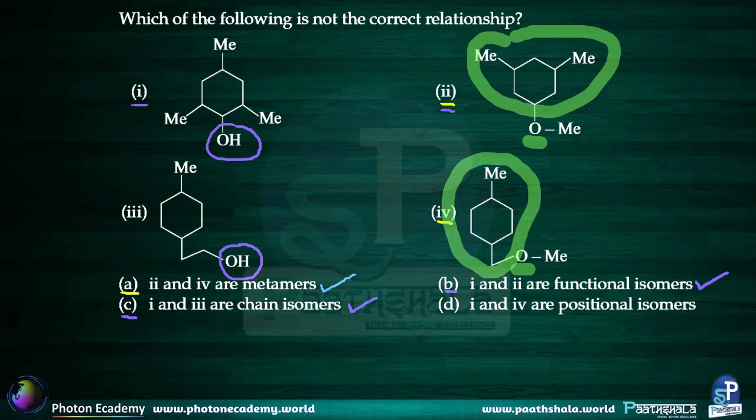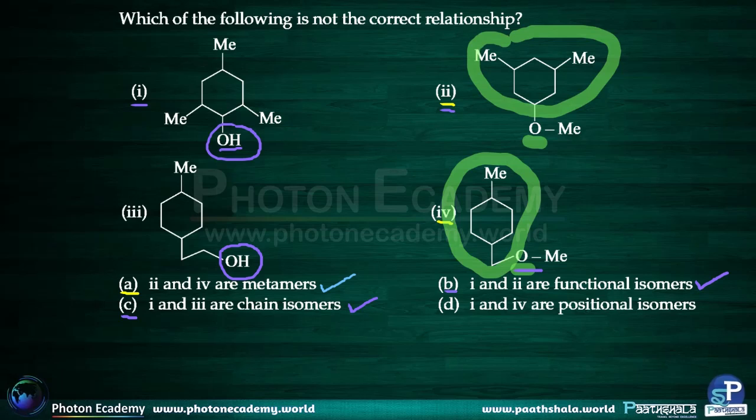Now, let me examine compound 1 and compound 4. Compound 1 is an alcohol, compound 4 is an ether. So I can readily say that these do not have the same functional group.